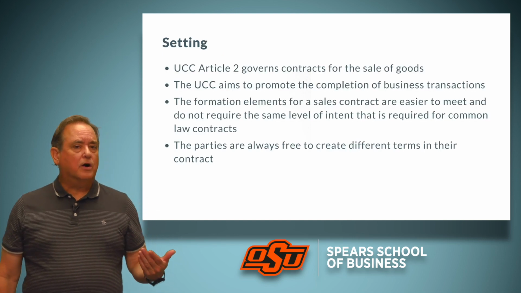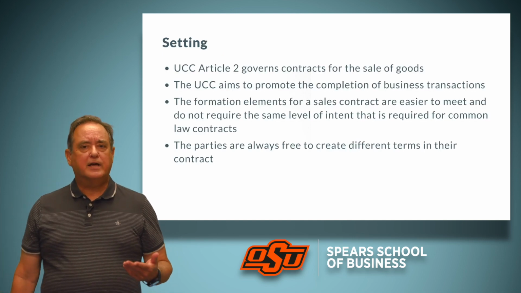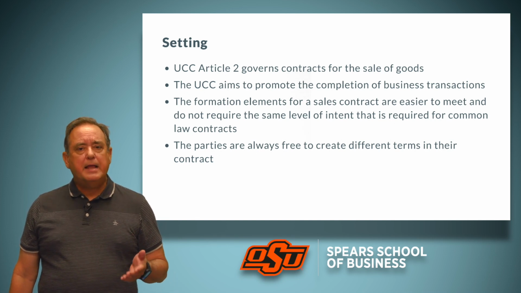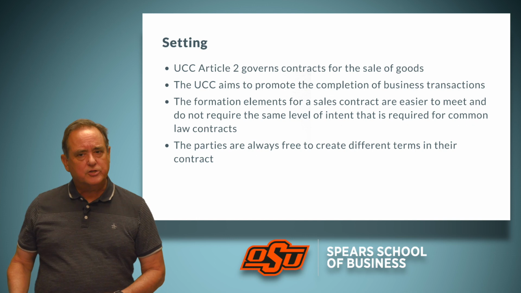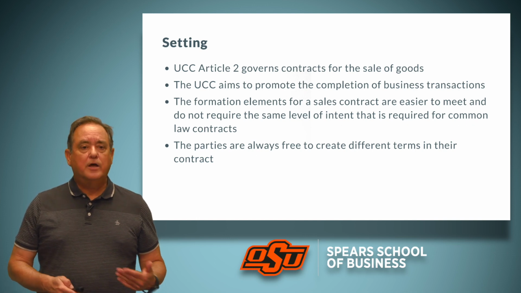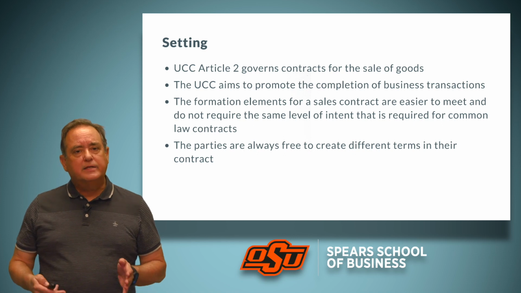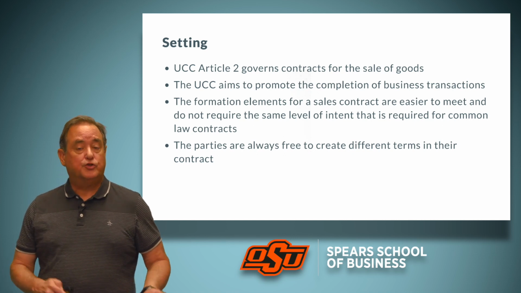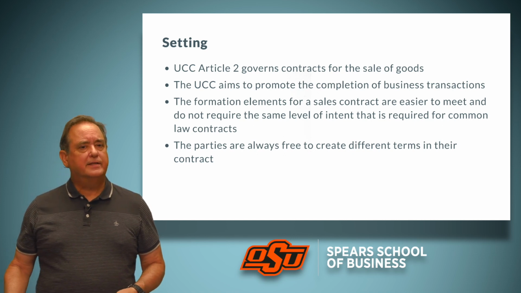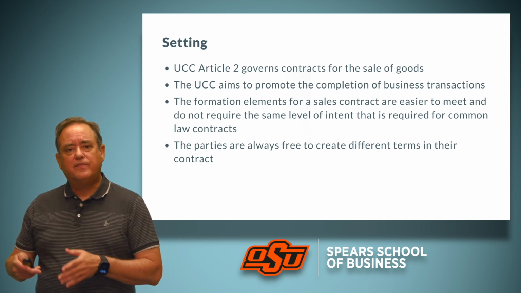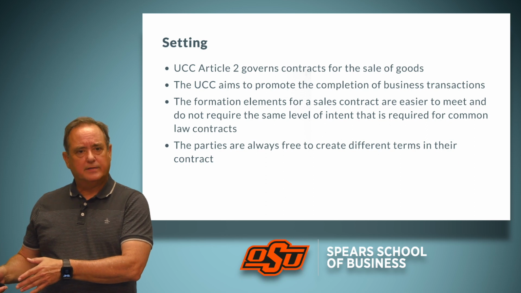So UCC Article 2 governs contracts for the sale of goods. The UCC aims to promote the completion of business transactions. We know that the Model Code, the Uniform Commercial Code, was created to facilitate commerce, to encourage commercial activity. And therefore, the UCC wants to find a contract.